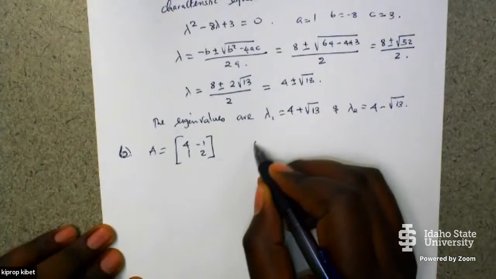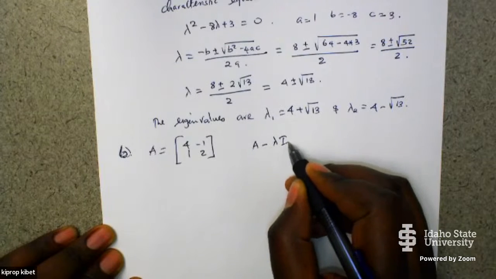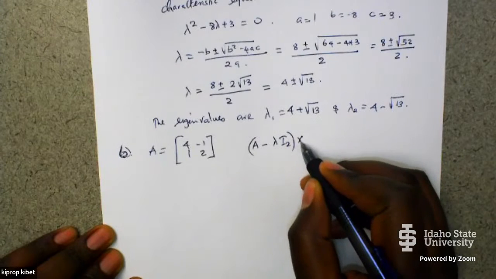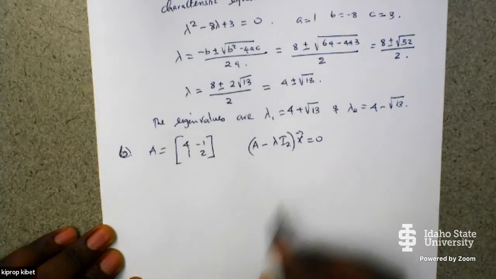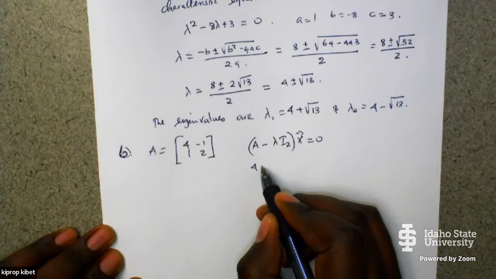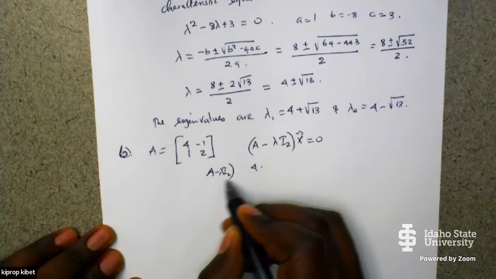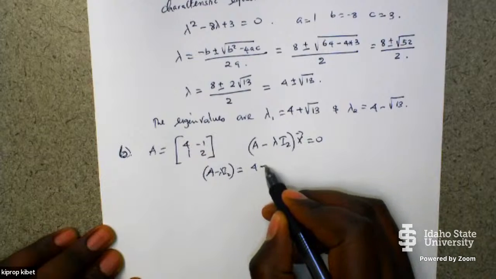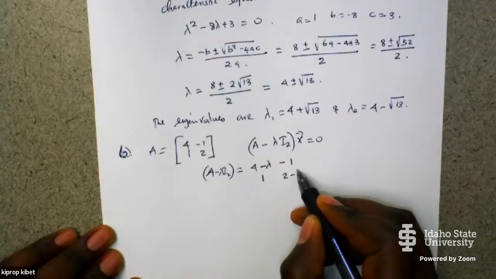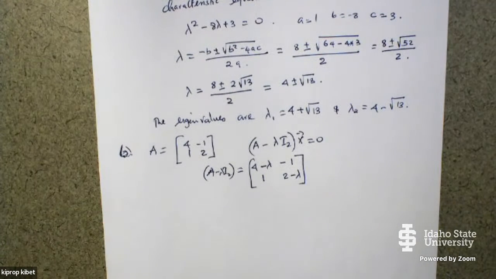So our A minus lambda I2, x equals 0. We need to solve the same way. What we get is A minus lambda I2 equals 4 minus lambda, minus 1, 1, 2 minus lambda.